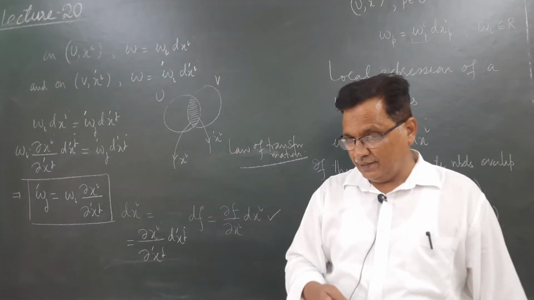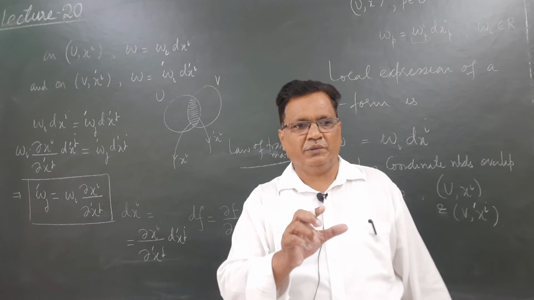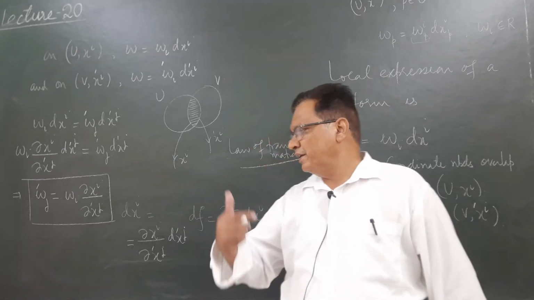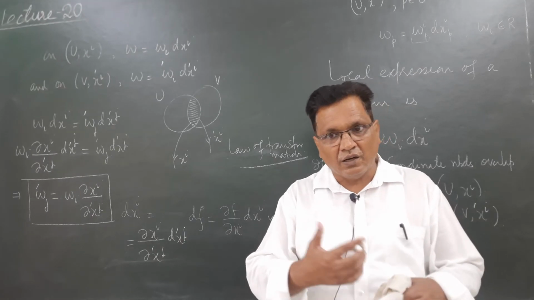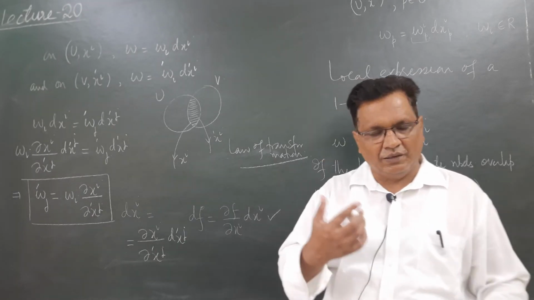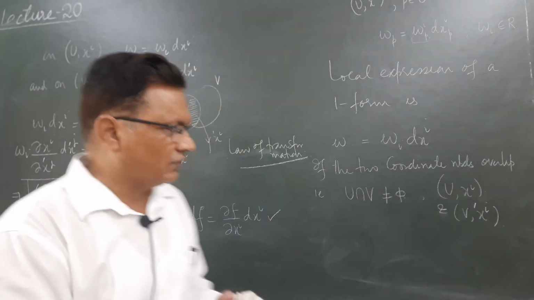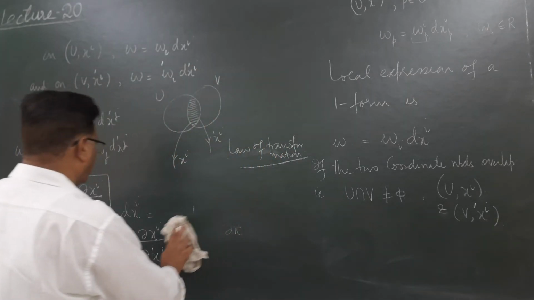अब आप देखिएगा, if you look at the laws of transformation for vector field and for one form, you will notice that they are just opposite to each other. जब आपने X का law of transformation xi^i का लिखा था तो क्या था वो?